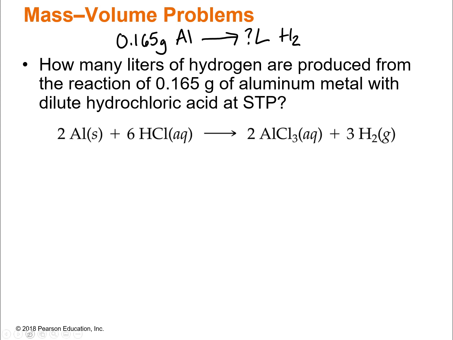What do we need for this? Well, we're definitely going to need a molar mass here for the aluminum, but that's not a big deal. All you have to do is look at the periodic table.